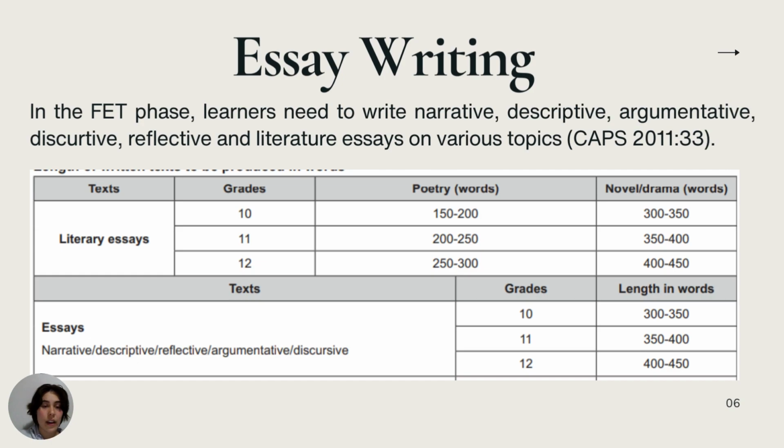Whereas with narrative, descriptive, reflective, argumentative, and discursive essays, these word limits are on the upper end from grade 10 through to grade 12. So it's just when we have poetry essays that they're a little bit shorter, just because poetry essays are a little bit more complex in their analytical nature.